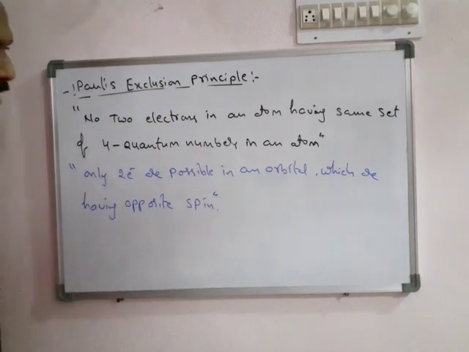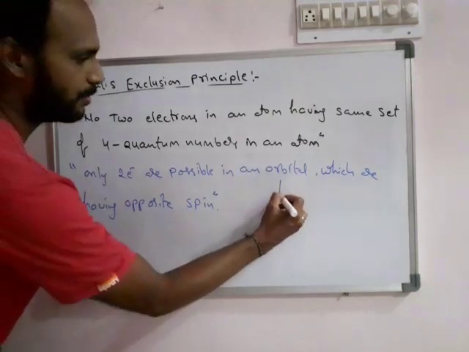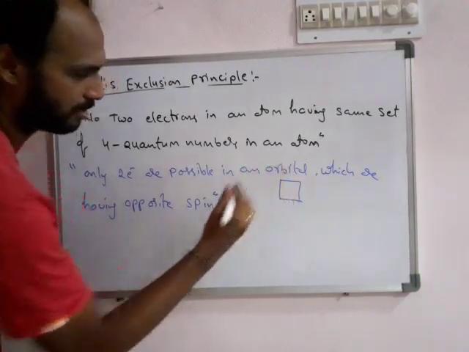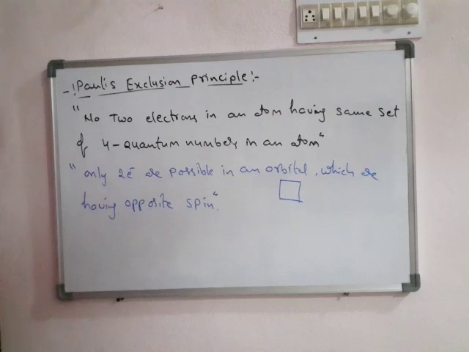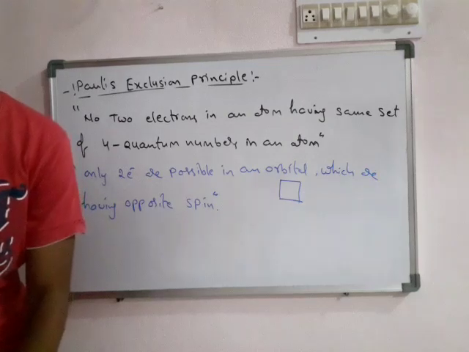Only 2 electrons are possible in an orbital. Orbital means just simple, remember it's a box, one box, which are having opposite spin. So it is also treated as Pauli's exclusion principle. Okay.